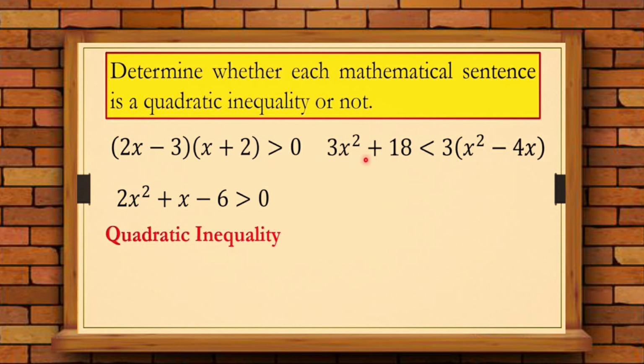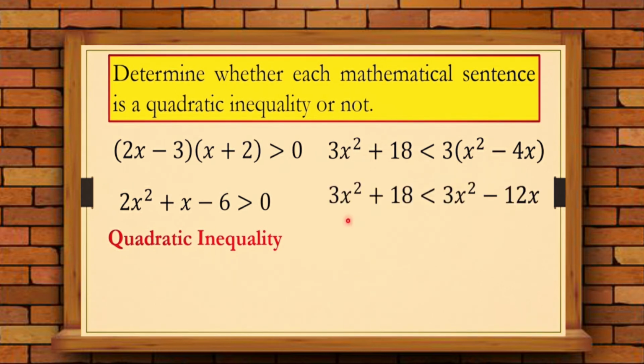Another example. So again, you have to simplify it first. I have here 3x squared plus 18 is less than 3 times the quantity x squared minus 4x. So, you have to simplify this first. Therefore, we will have 3x squared plus 18 is less than 3x squared, because 3 times x squared is 3x squared and 3 times negative 4x is negative 12x.